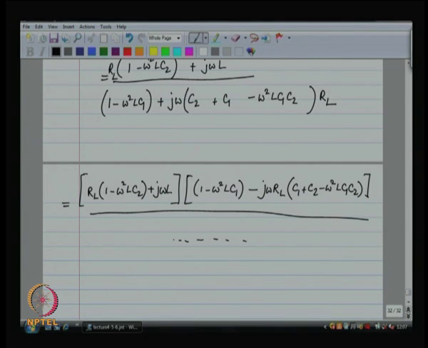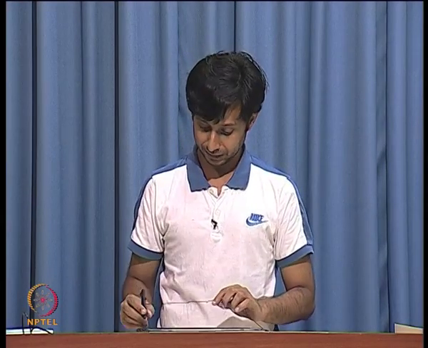All right. So, this is what I have, and the real part has to be equal to the imaginary part, that will give me my 3 dB cutoff.